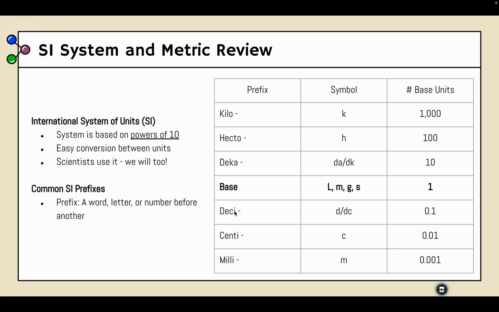Notice how there are two different Ds here. We either are going to say DA or DK for deca. In deci, we're going to say D or DC. The value is 0.1. Centi is just C, it's 0.01. And then milli is M and 0.001. So notice these are by the power of 10. That's super, super important. If we understand that, we're in a good spot.